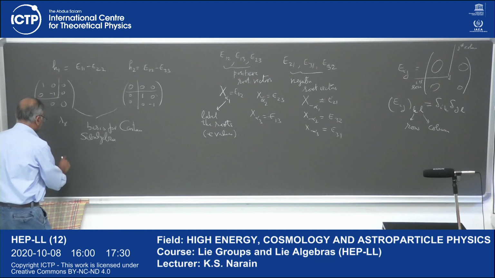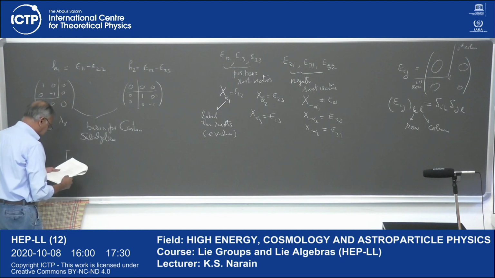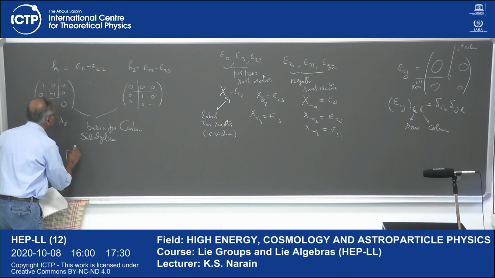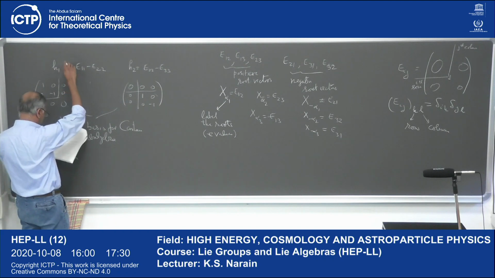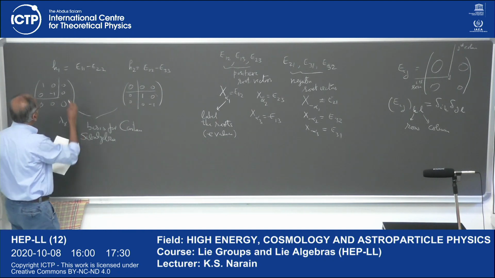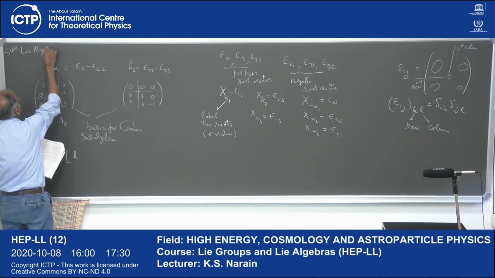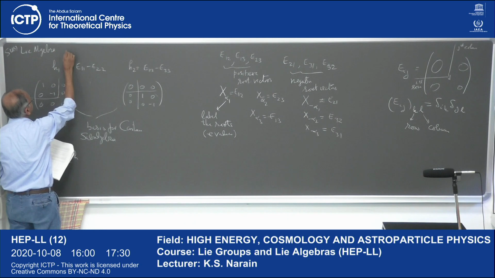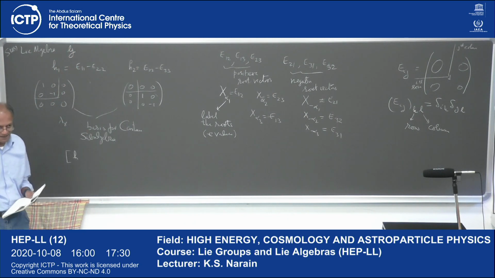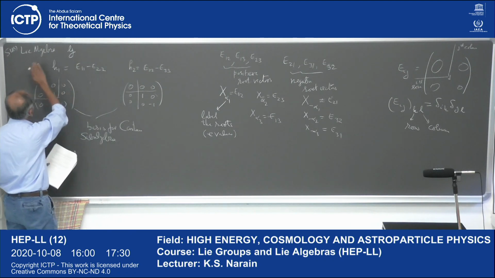So what we want to ask is, if I look at the commutator of any H, so let's see, the symbol is H. The Lie algebra itself, the SU3 Lie algebra itself, I will denote by curly G. Capital G is a group; this script G I will denote for the Lie algebra.